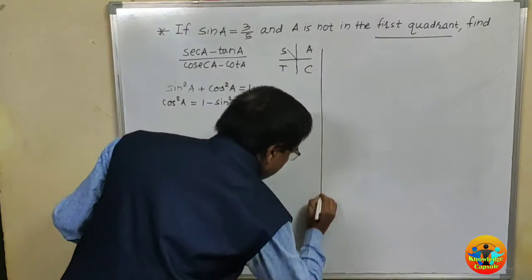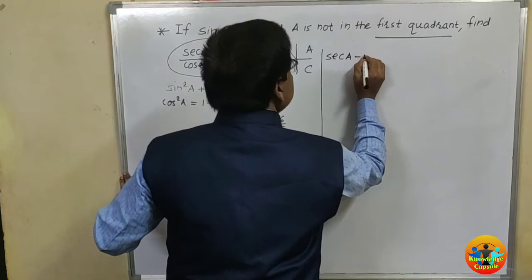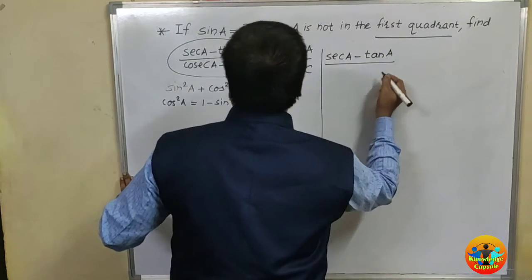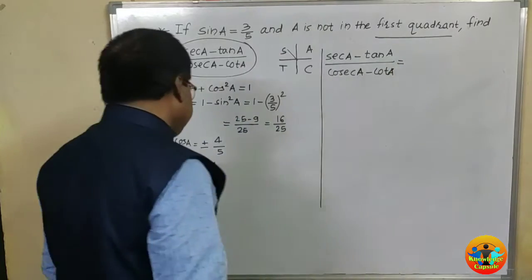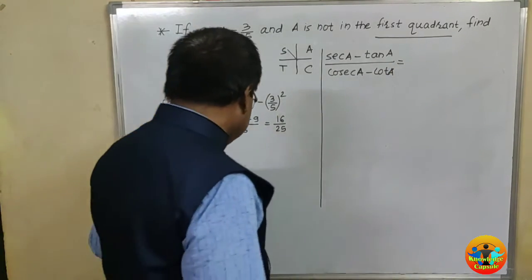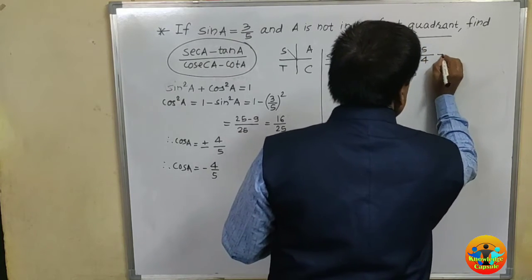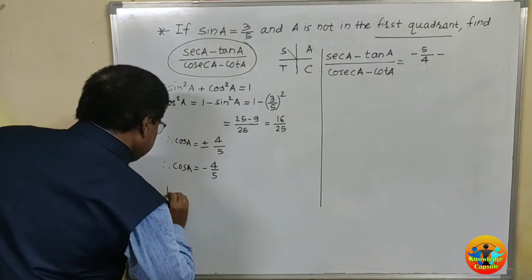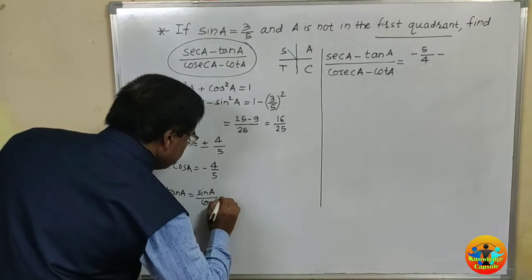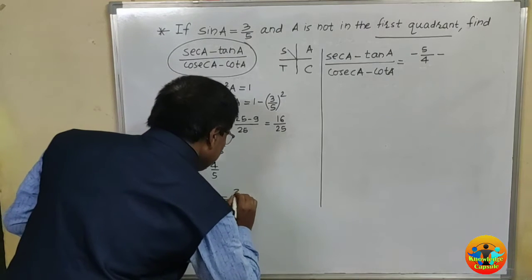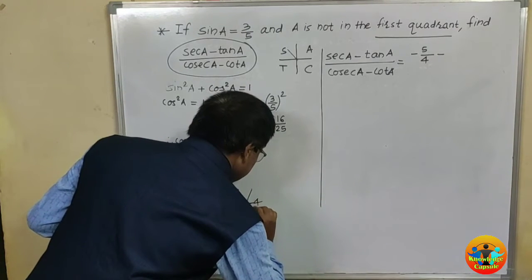Now let's find this expression's value. Sec A minus tan A upon cosec A minus cot A is equal to, sec A is 1 upon cos A, the reciprocal of this, it will be minus 5 by 4, minus tan A. Tan A is equal to sin A upon cos A. Sin A value is given as 3 by 5 upon cos A we found, minus 4 by 5.